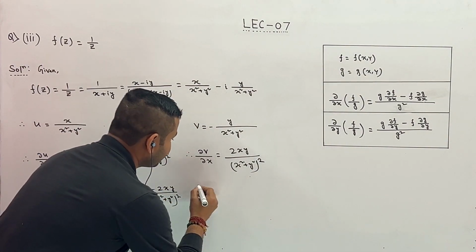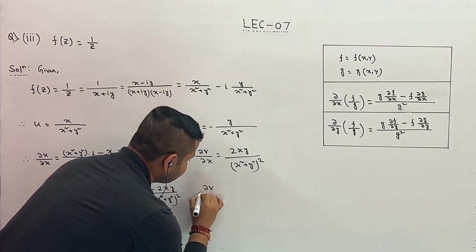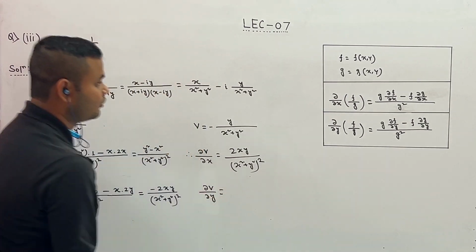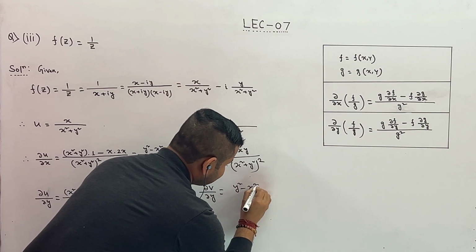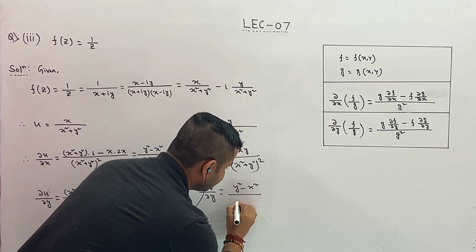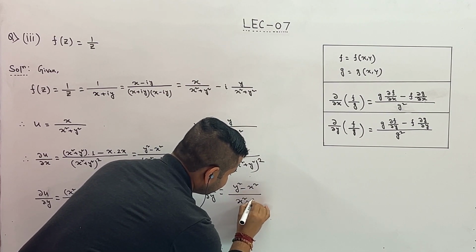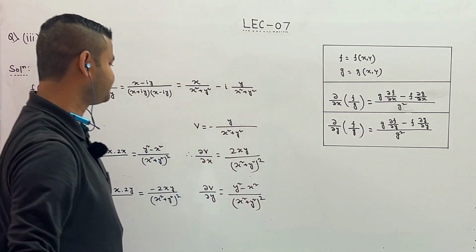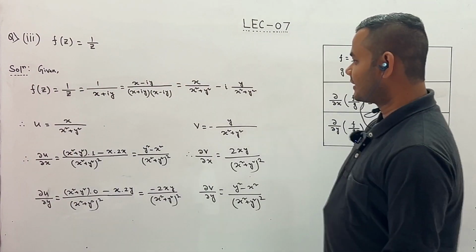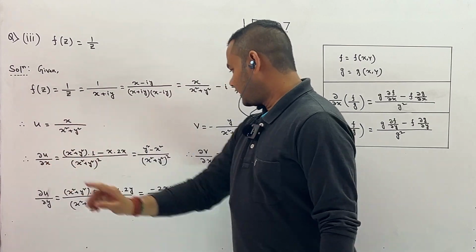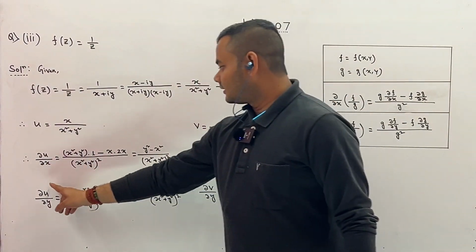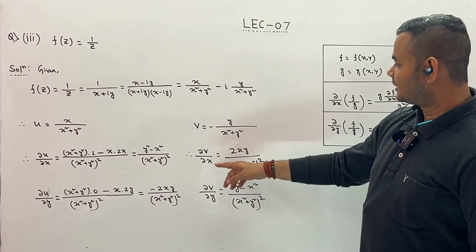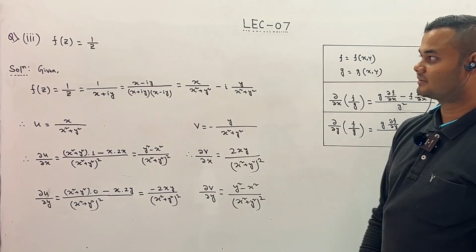Again, we can find del v by del y will be equal to y square minus x square divided by x square plus y square whole square. So, here we have seen that del u by del x is equal to del v by del y, and del u by del y is equal to minus del v by del x.